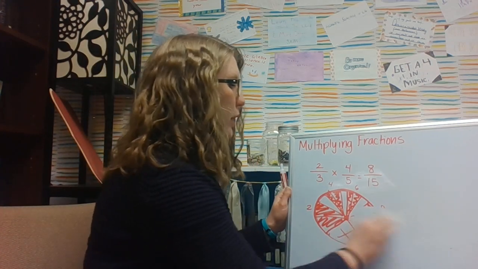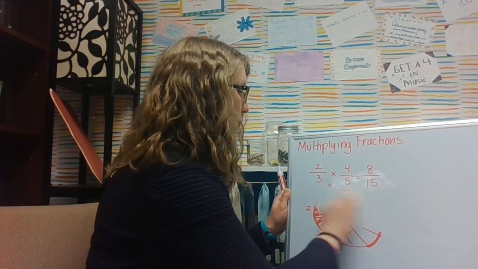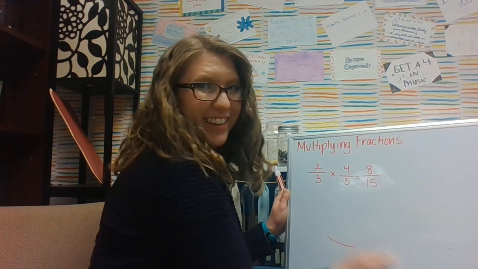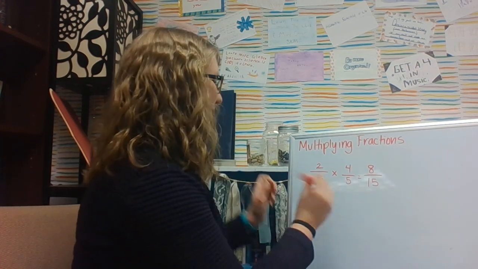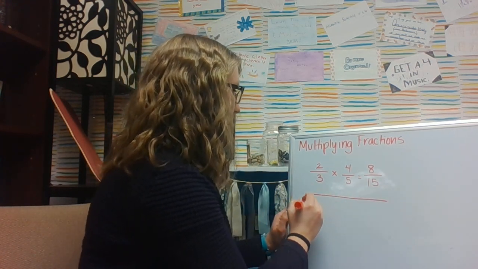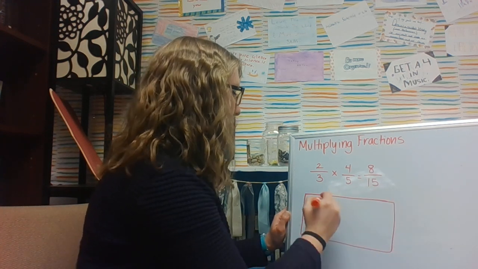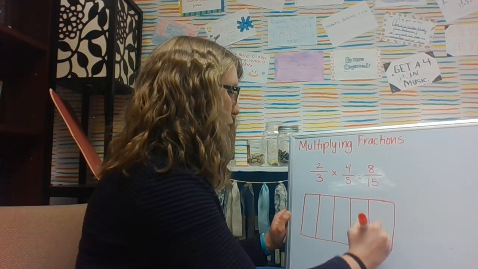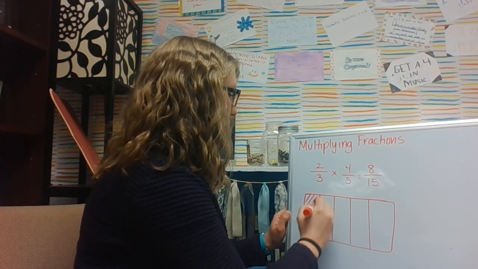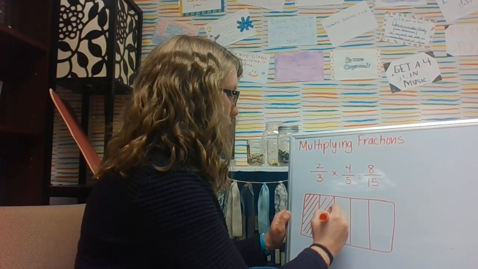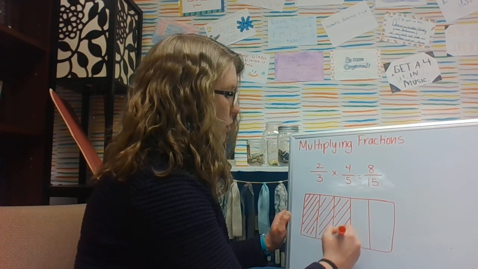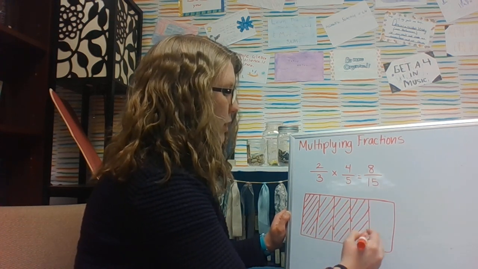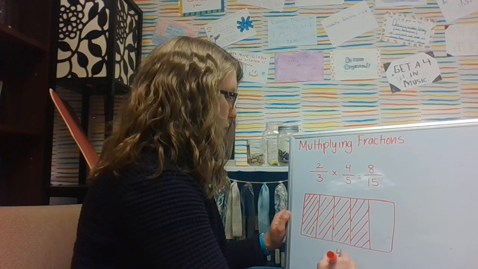I could also look at this like an area model, which is everyone's favorite. I could look at 4/5. So here I have 4/5 because it's 4 out of 5 columns.